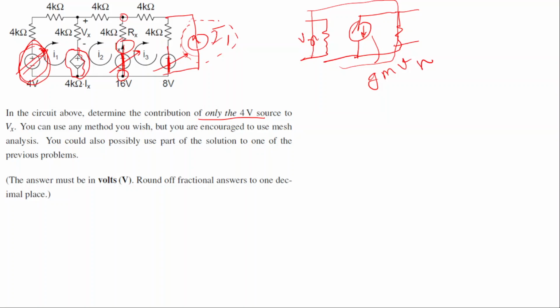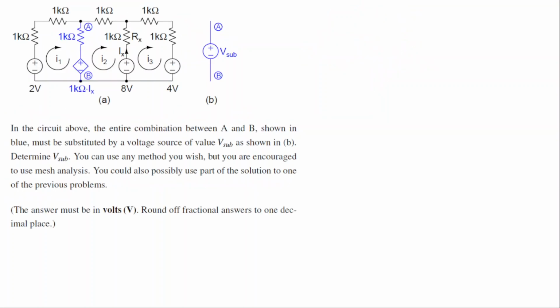Okay, so now this problem is similar to the earlier one. In the circuit above, the combination between A and B is shown. The combination shown in blue must be substituted by the voltage source of V sub shown in figure B. Use any method you wish, preferably mesh analysis.